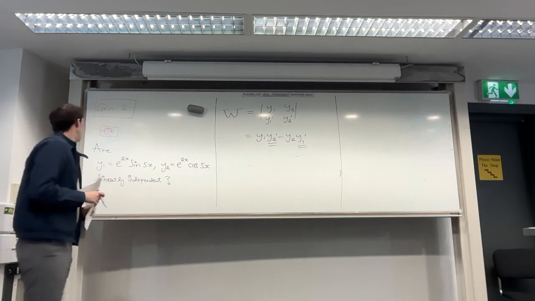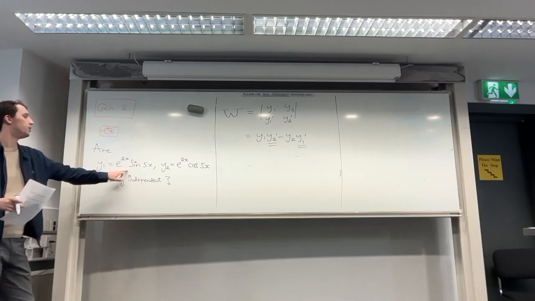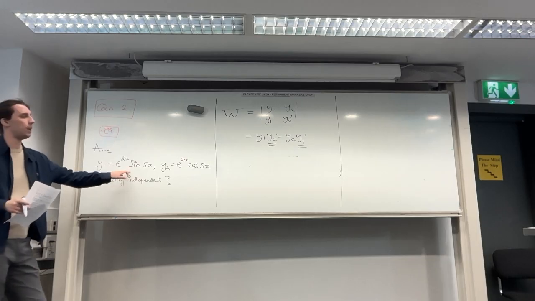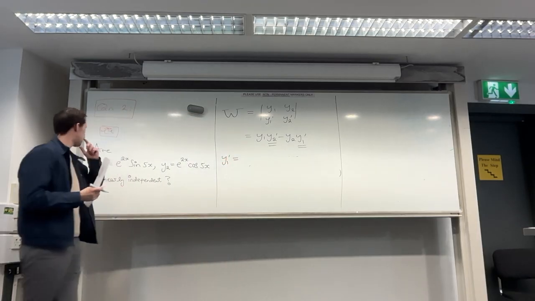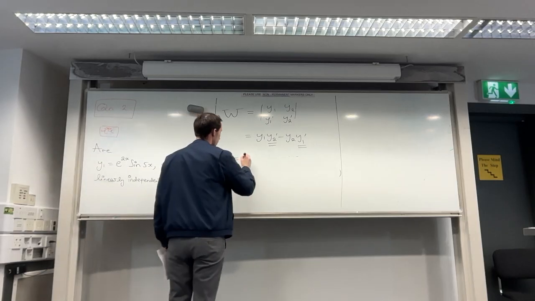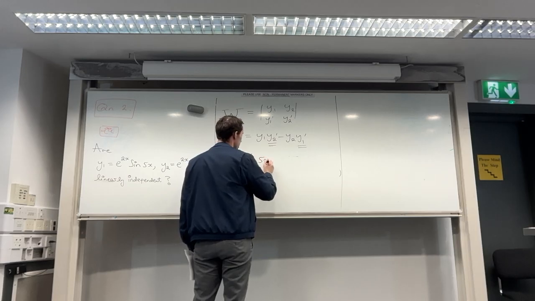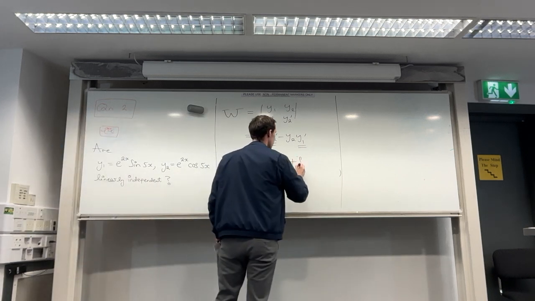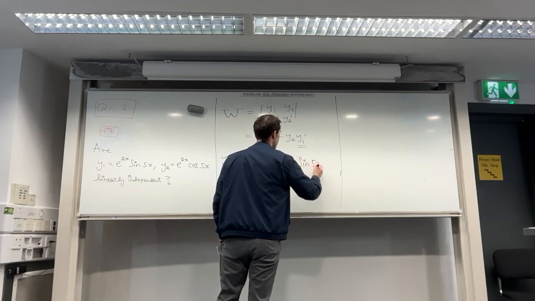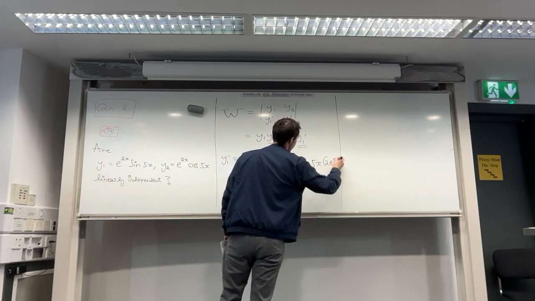Looking at y1, if we need to differentiate y1, then we need to use the product rule and also the chain rule. So y1 prime, using the product rule, is e to the 2x times the derivative of sine of 5x, which, according to the chain rule, is 5 cosine of 5x, plus sine of 5x times the derivative of e to the 2x, which is 2e to the 2x.